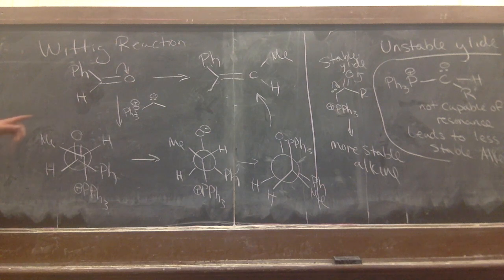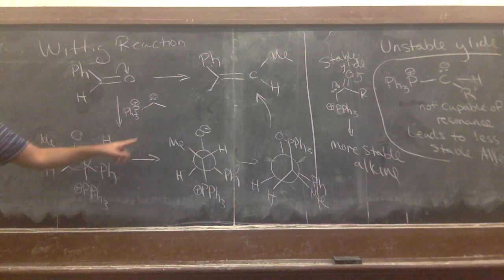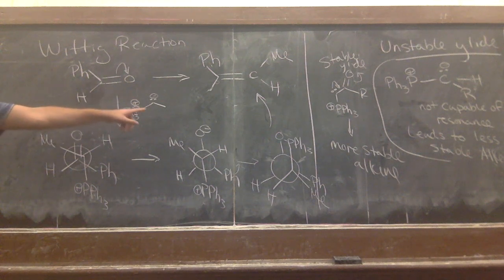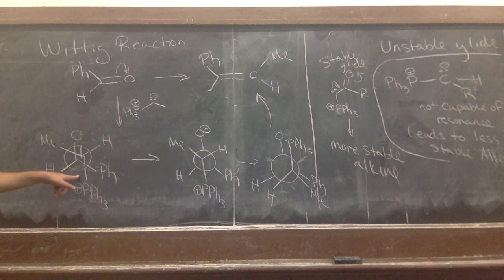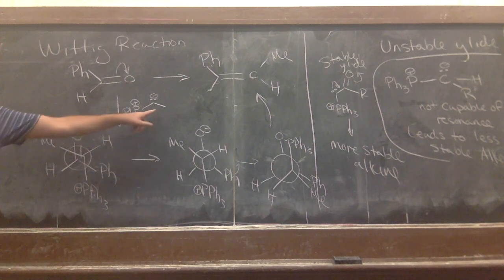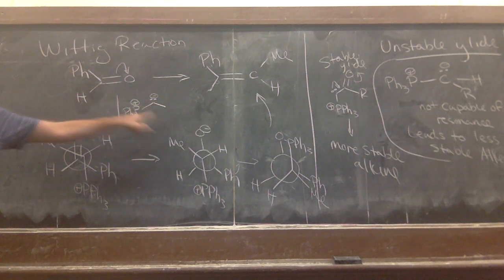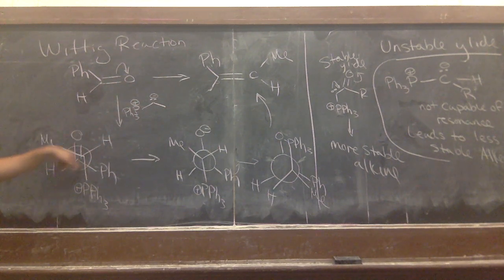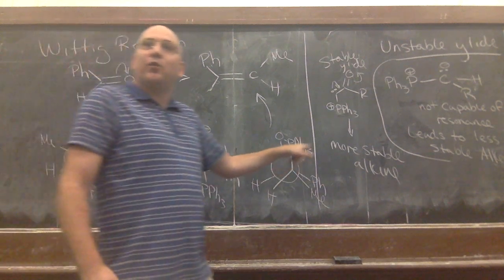Okay? This is assuming that this is not reversible. Okay? What this implies, right, is at the moment that you get to this intermediate, it can't go back. If this is unstable, right? If this is unstable, once this attacks, it's probably not going to be reversible. So its only pathway is to go forward.